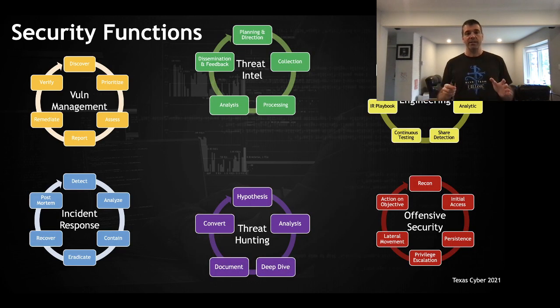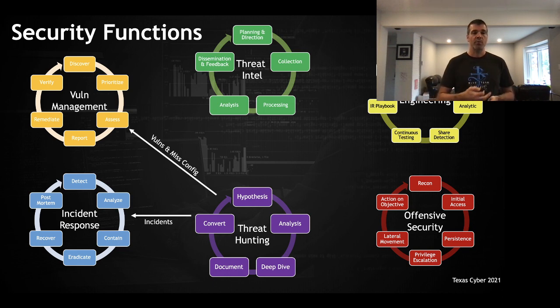Now I've just added this slide, and this slide starts with the threat hunting in its center, even though it's under, and it shows you how the different pieces of the security operations center or SecOps actually interact with each other. First of all, threat hunting is often an input of the incident response process.